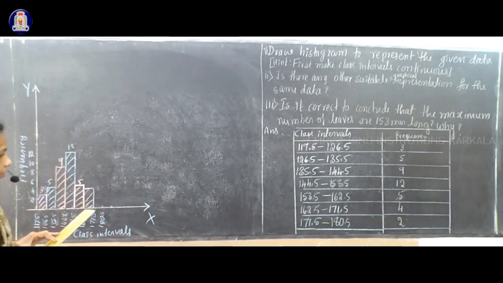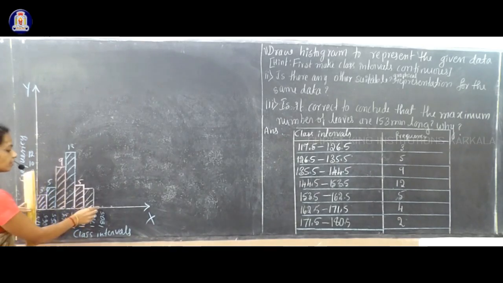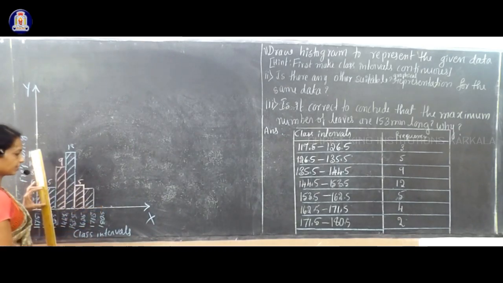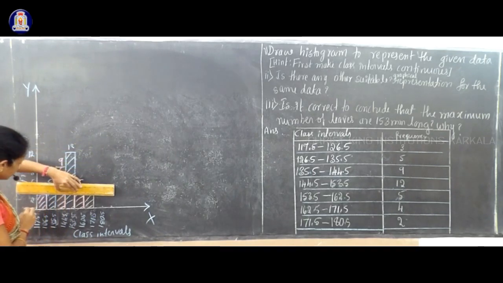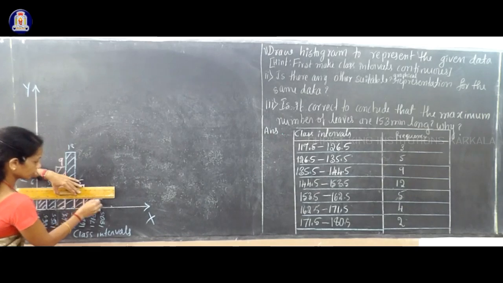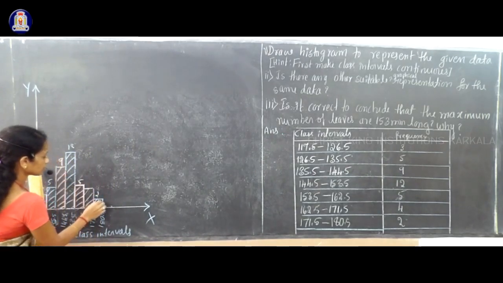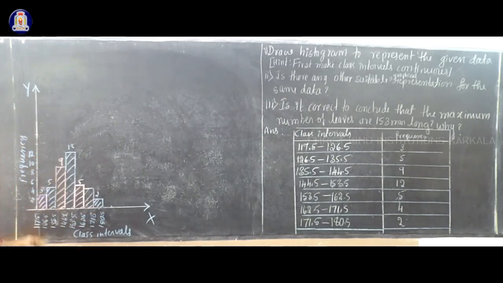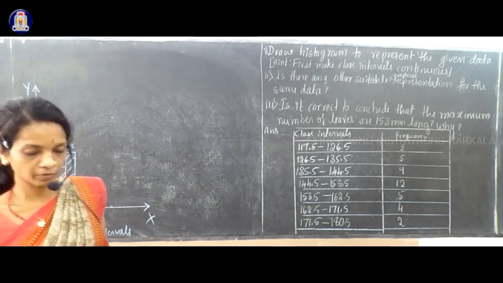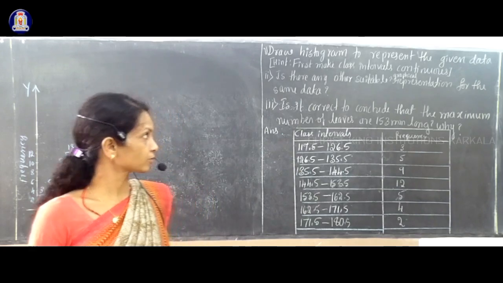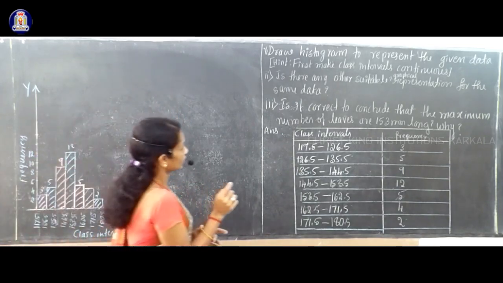Next rectangular bar is from 171.5 to 180.5, and it is of height 2 units. That is for the last class interval. So this is the histogram for the given table.